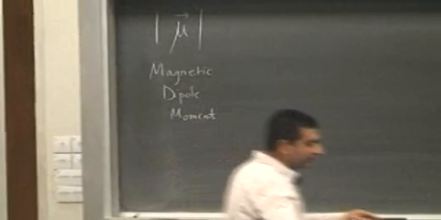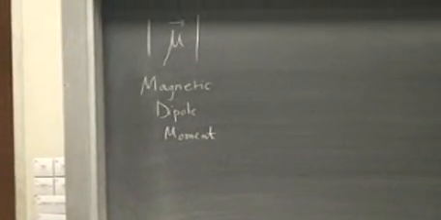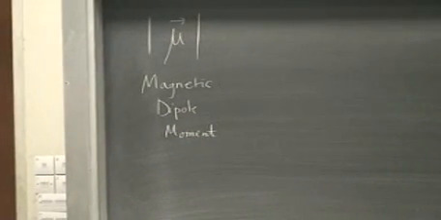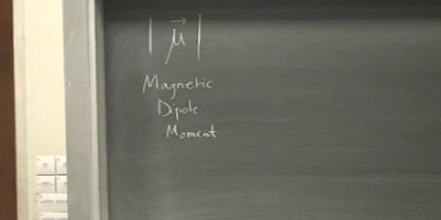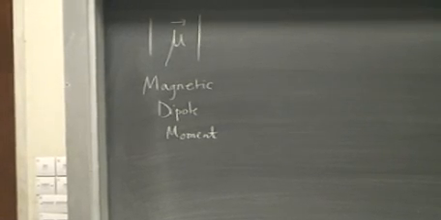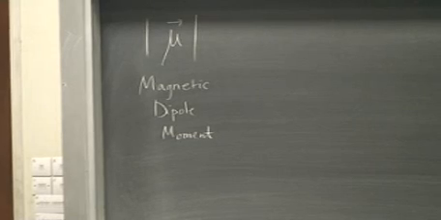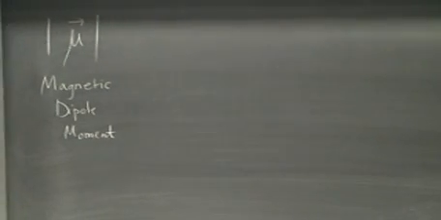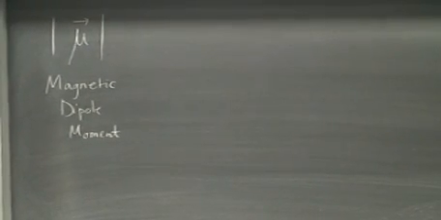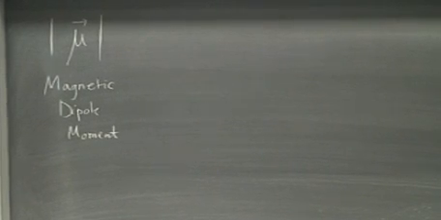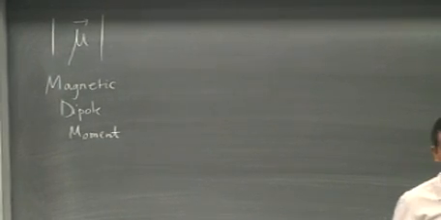So you have a loop, an electron is moving in a circle like this. It's a charge, it's a current. Now you want to find the magnetic dipole moment of this loop. That will be given by the current multiplied by the area of the loop.